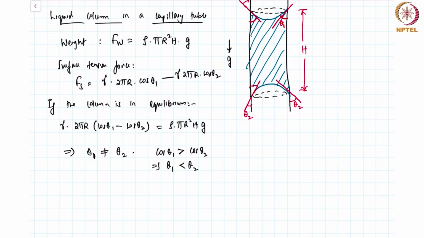The angle is still acute. So theta 1 is less than theta 2. Immediately we have a situation with at least two different angles, and these angles cannot be equal to the Young's angle, right?